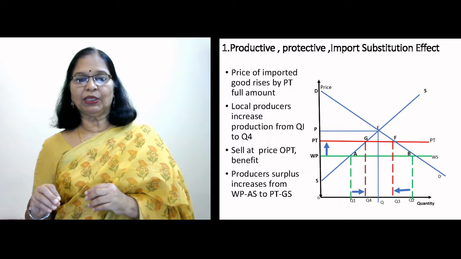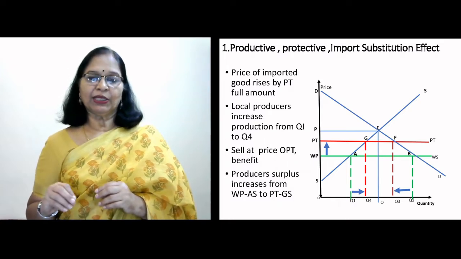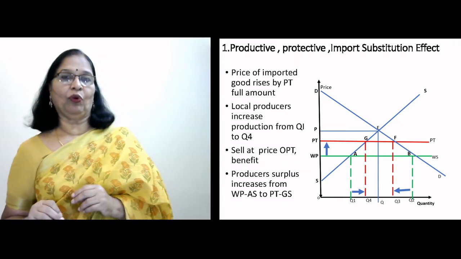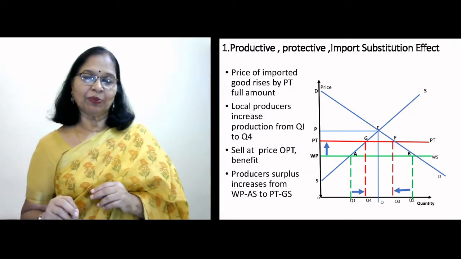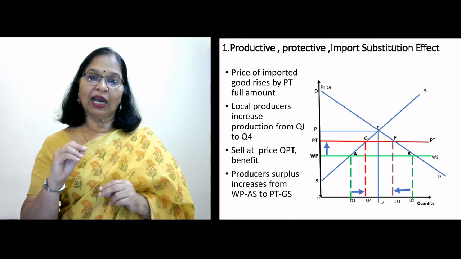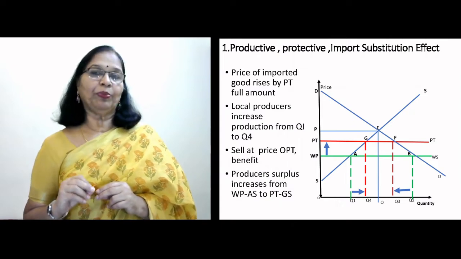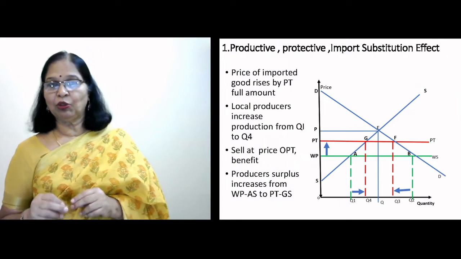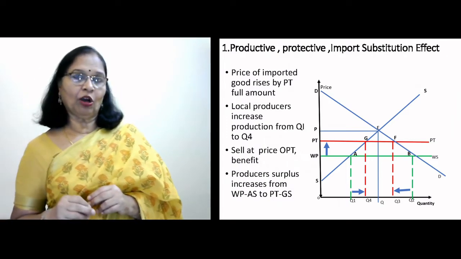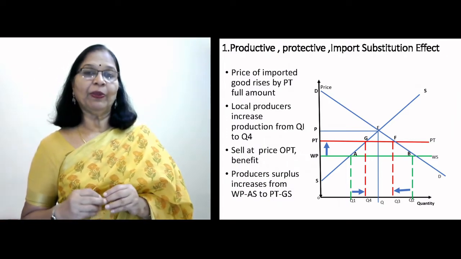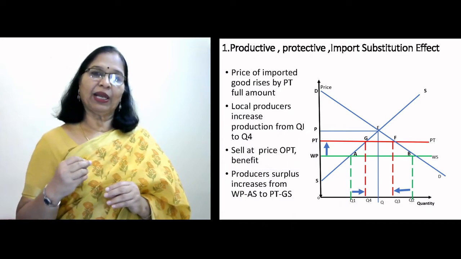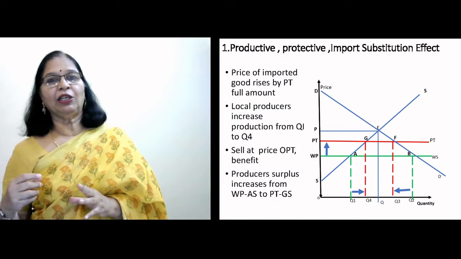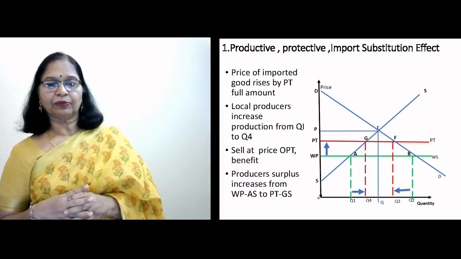They will move towards the right; you can see the arrow, they have moved from OQ1 to OQ4. Not only have they increased production, they can now sell at the higher price OPT. Earlier they had to sell at OWP, which was very low and not competitive for them. Now they can sell at OPT because the tariff has made the domestic price better.